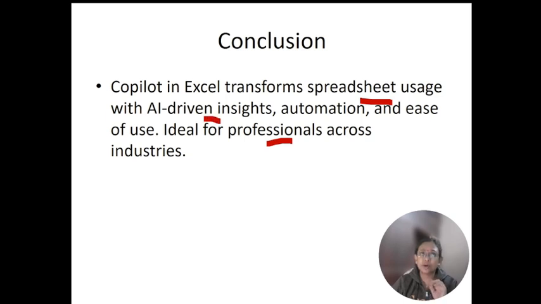No need to do manual work. Rather, you give a natural prompt and it will give you all the insights and automations. It is easy to use and ideal for professionals across all industries. You can use it in day-to-day activities and move your productivity to 10x or the next level. Try it out. Thank you.